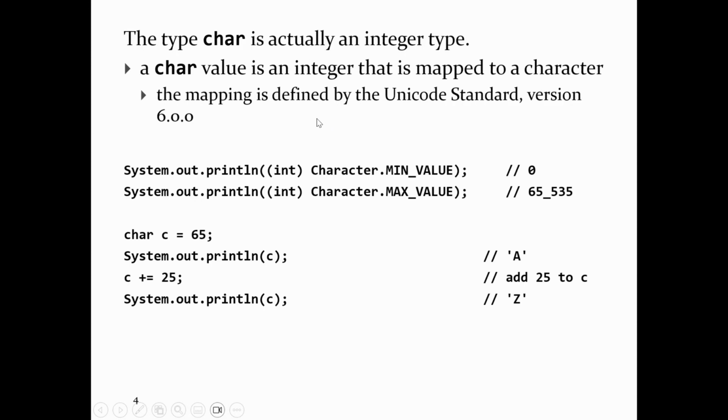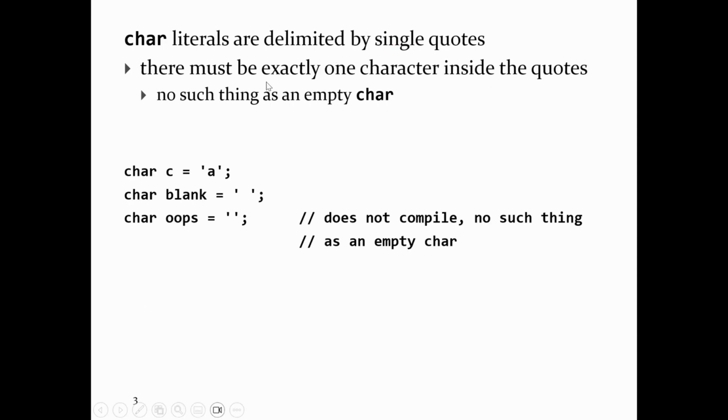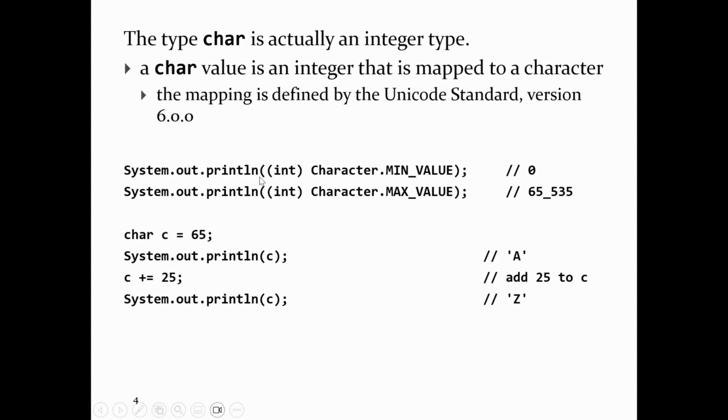Chars are a bit odd in the C-like languages, so that includes Java, C, C++. Char is actually just an integer. It's weird, right? That a does not look like an integer, but as far as the language is concerned, it's just an integer of some type.